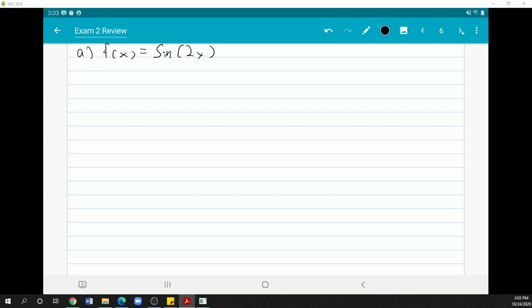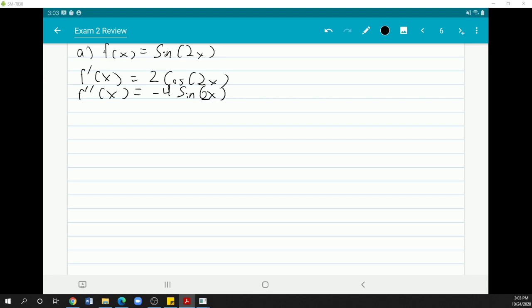where any inflection points are. So in order to do that, we take a derivative and we get 2 cosine 2x, take a second derivative, and get minus 4 sine of 2x. And the thing to keep in mind is that you don't have to do this in this order.